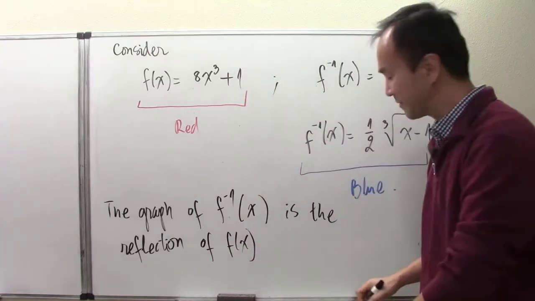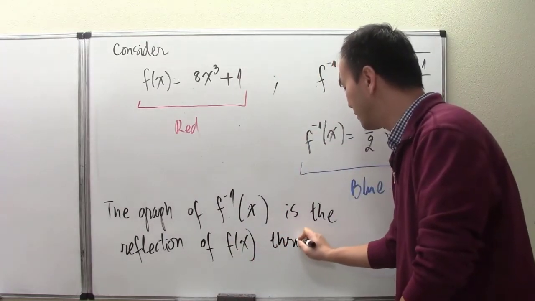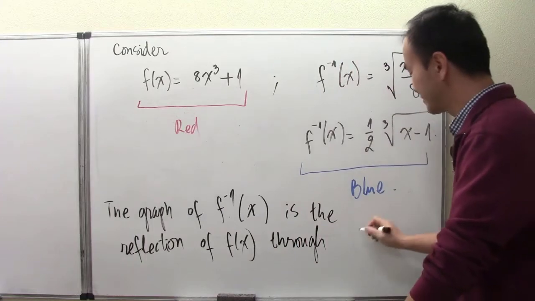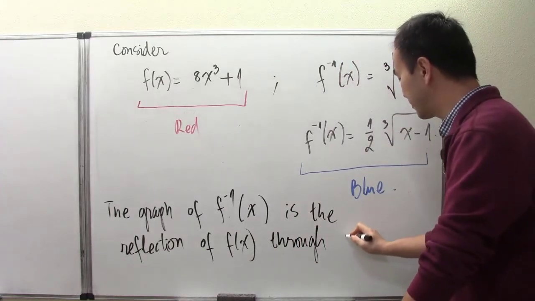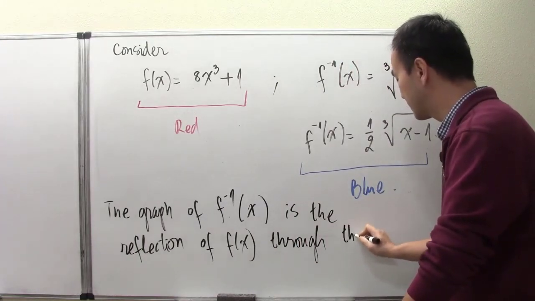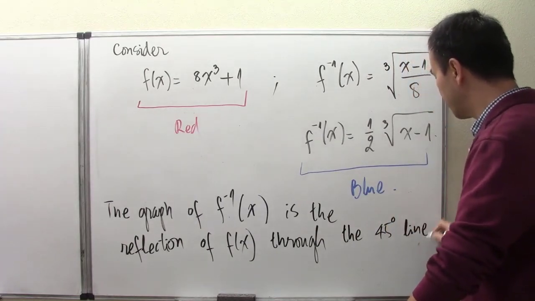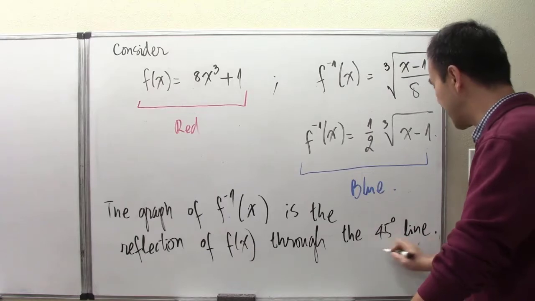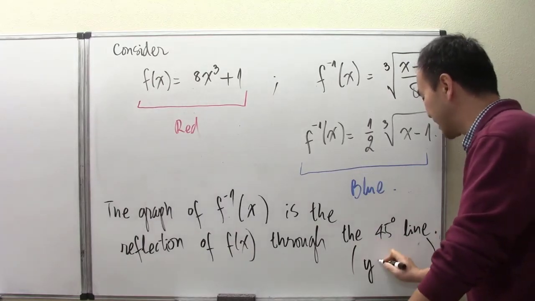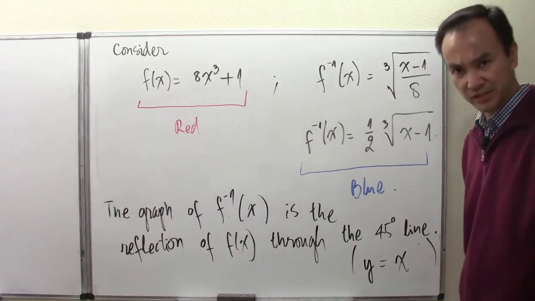through the 45-degree line. And this 45-degree line really is just, as an extra note, the line y equals x.